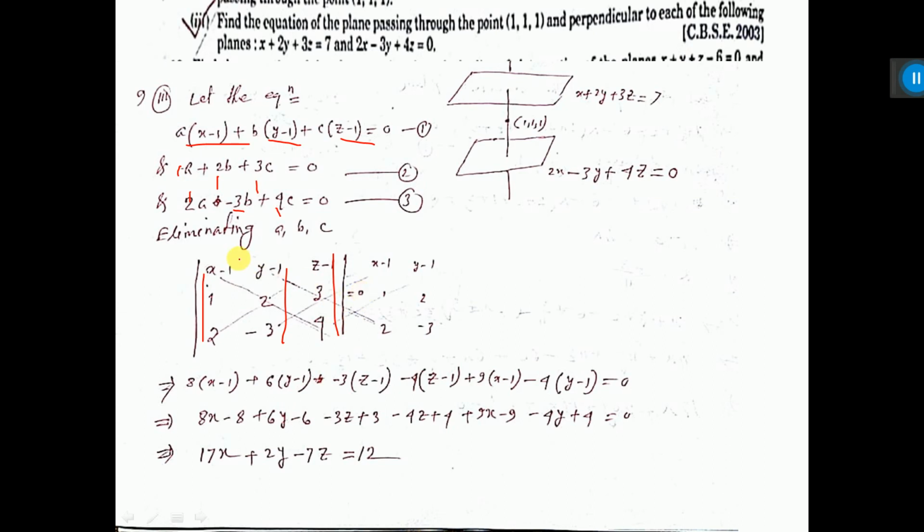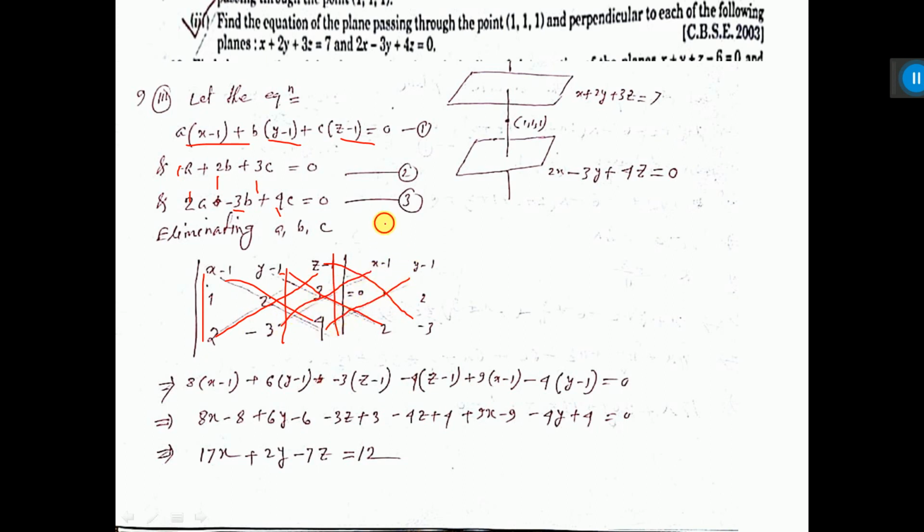Now we need to expand this determinant. This expansion you can do in your own way. Here I have applied Sarrus's rule. Many times I told what Sarrus's rule is. This determinant equals the sum of the products of these diagonals, plus this plus this plus this, now minus this into this, minus this into this, minus this into this.